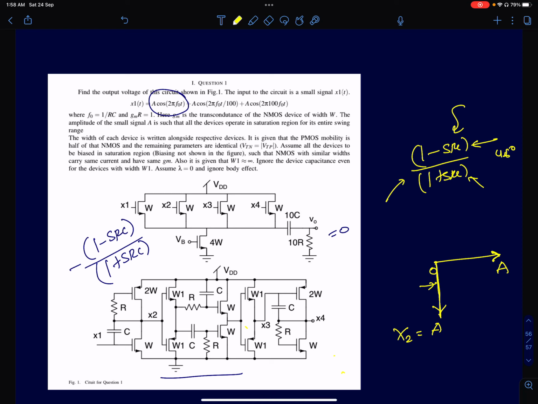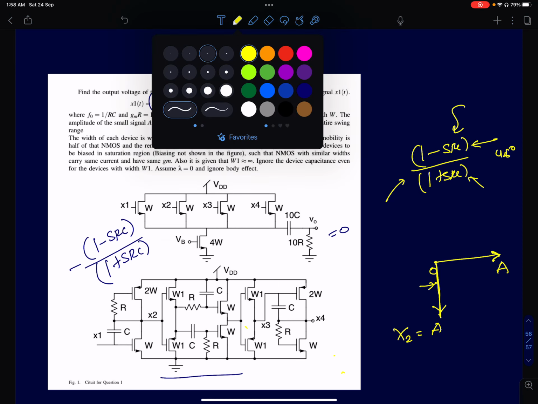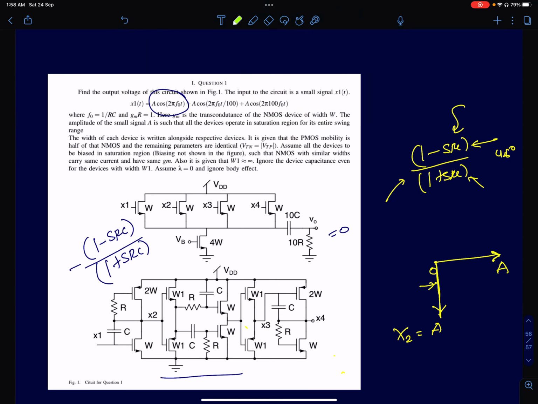It's just 1 minus SRC by 1 plus SRC. So the phase shift at 1 by RC from X2 to X3 is just minus 90 degrees. So it will further shift this. I'll use a different color. It will further shift this by minus 90 degrees. So all you have is X1 and X3 exactly in phase. Both X1 and X3 are in phase.